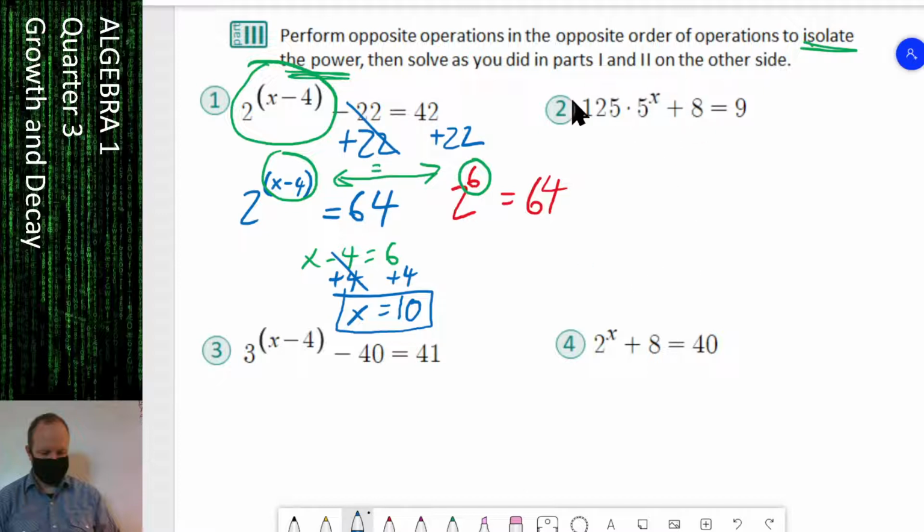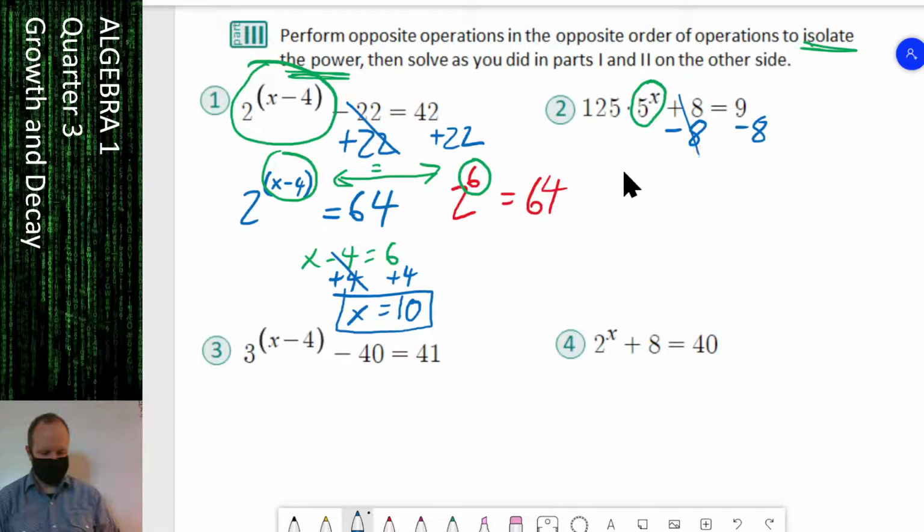Let's take a look at this one. What are we going to try to isolate on number 2? 5. Both of those, exactly. We're getting this by itself. What are the 2 things that we need to get rid of to get it by itself? The 125 and 8. Which one should we get rid of first? Right, that one is being added, so we do our opposite order of operations.